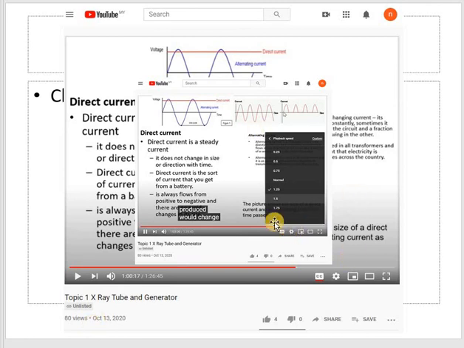On YouTube, you can click on CC and it will allow YouTube to display captions or subtitles for the presentation. I'm not saying all the captions are 100% correct, but they are about 80% correct, so you can use that as a guide.